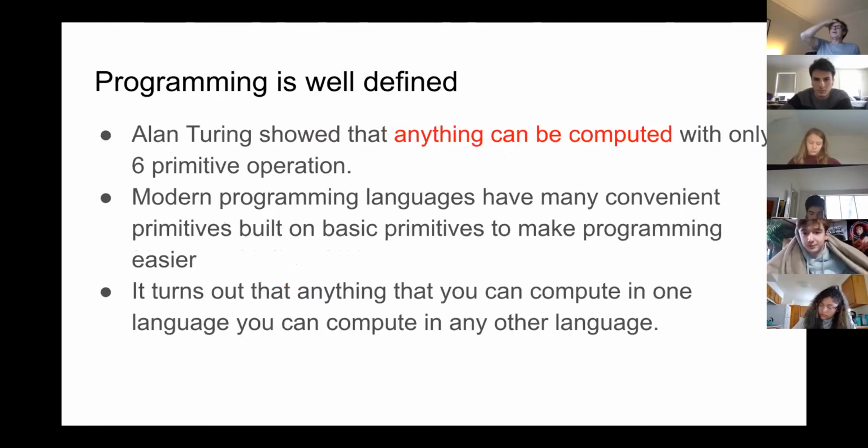Now, the thing about programs is for them to be useful and for them to actually work, they have to be well defined.